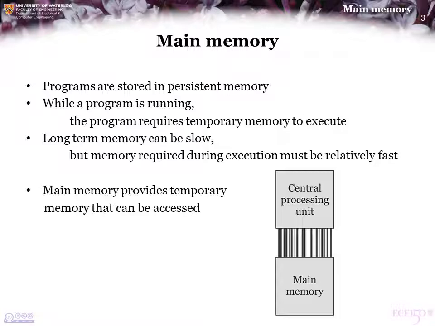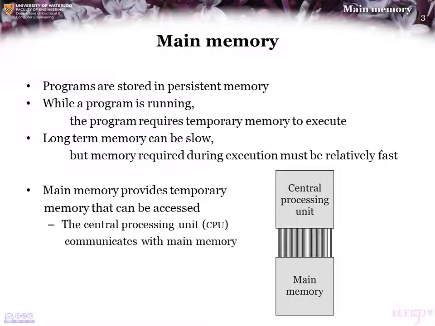Specifically, that memory would be accessed by the Central Processing Unit, or CPU. The CPU is what executes the instructions and contains an arithmetic logic unit as well as, perhaps, a floating point unit. That CPU will be communicating with main memory.